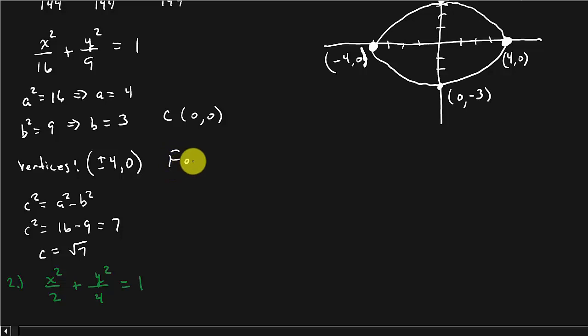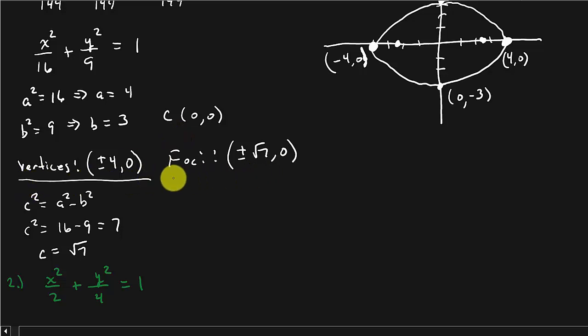So that tells us our foci is at what? Well, let's see, square root of 7, that's about 2 point something. So we know our foci is here and about here. So that's going to be plus or minus square root of 7, 0. There's our foci.